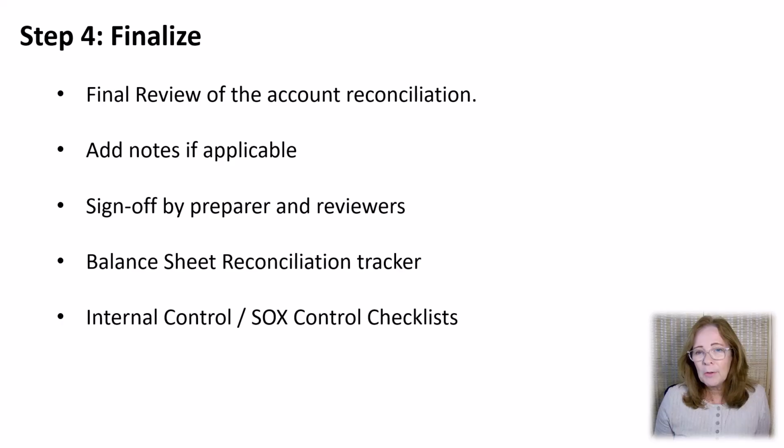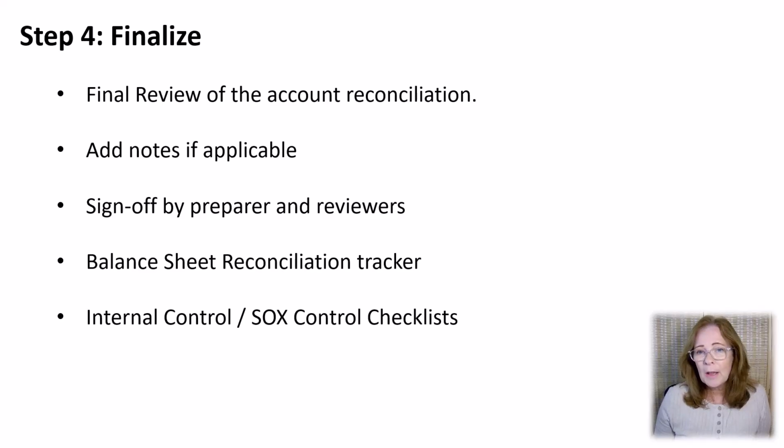Both the preparer and the reviewers need to sign off. The number of reviewers depends on your sign-off policy. It is not uncommon for complex and very material accounts to be signed off by multiple reviewers or for the accounting team to even update other teams about the reconciliation, especially if the account involves complicated estimates, calculations, and assumptions.